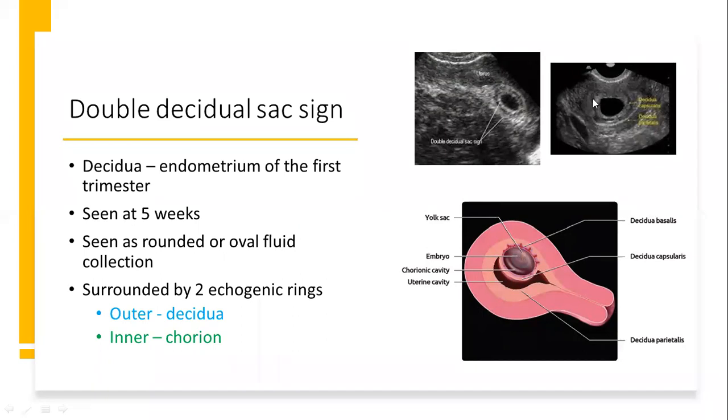In this case, the embryo is implanted on the anterior side of the endometrium, and this is our decidua parietalis on the opposite endometrium, where we don't have implantation, where we don't have our chorion. So this is what is called the double decidual sign. It is seen at approximately 5 weeks.